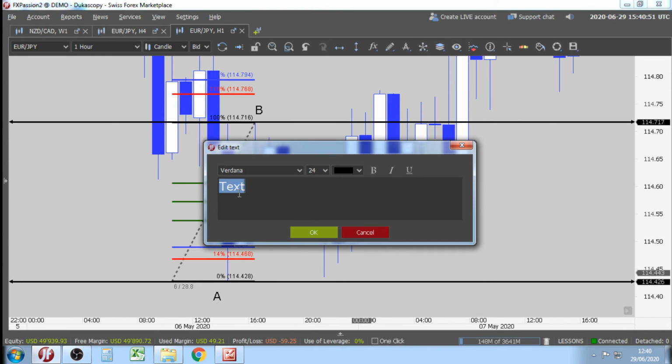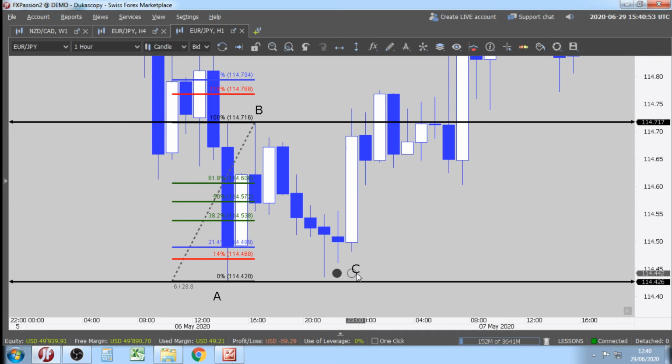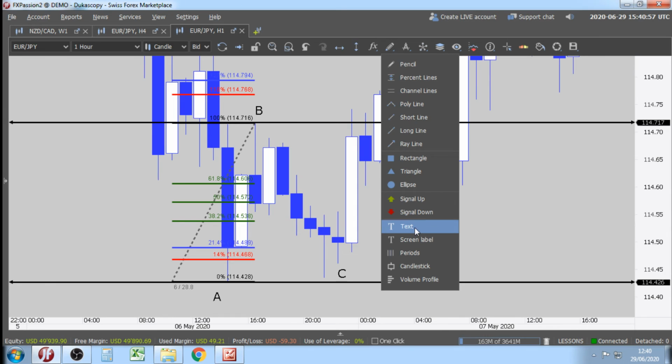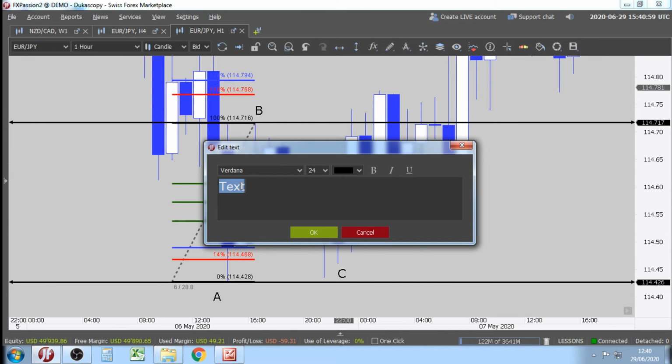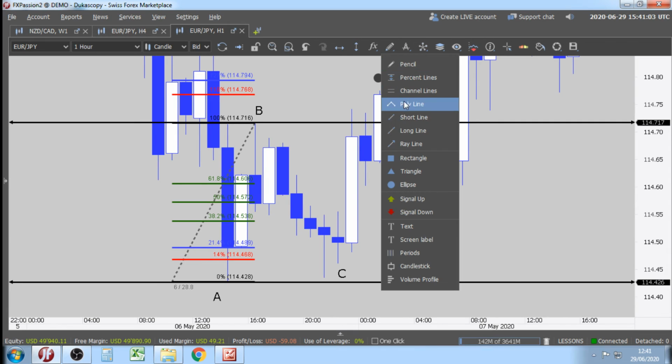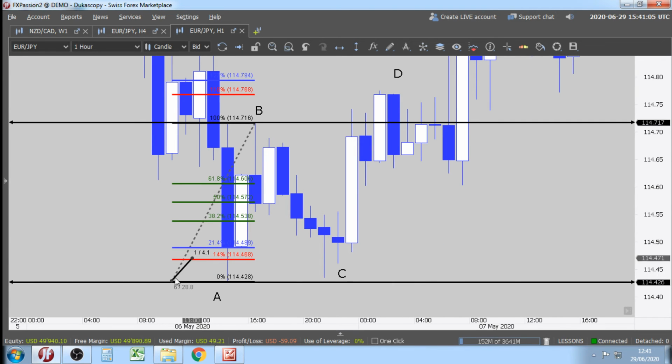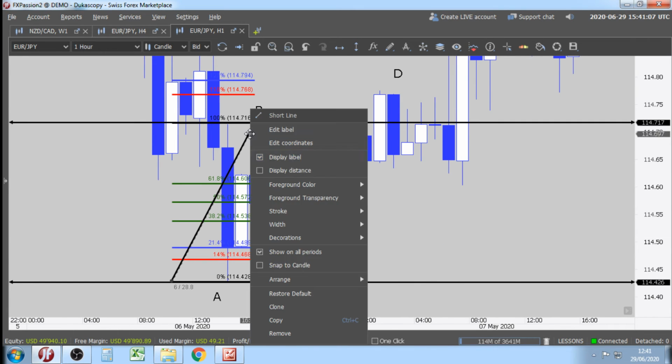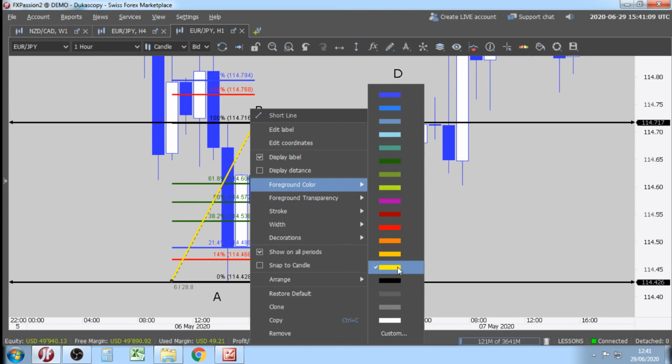What is the C? The C is the lowest point inside the AB boundary before the market hits the appropriate D extension. And our D. Everybody, A to B. What color is our D extension, everybody?